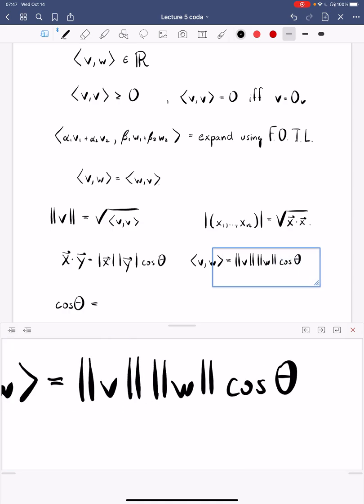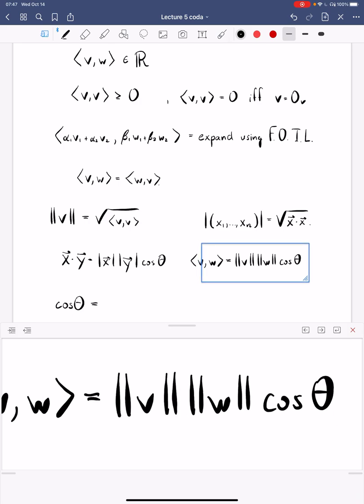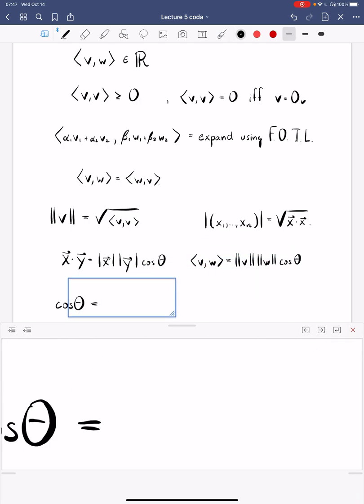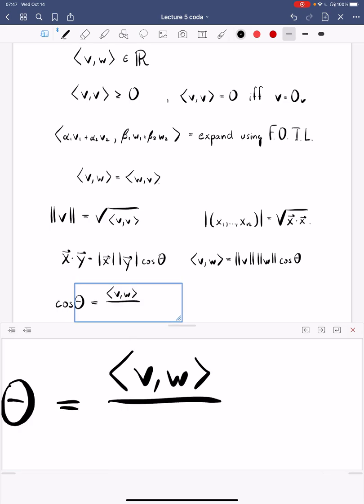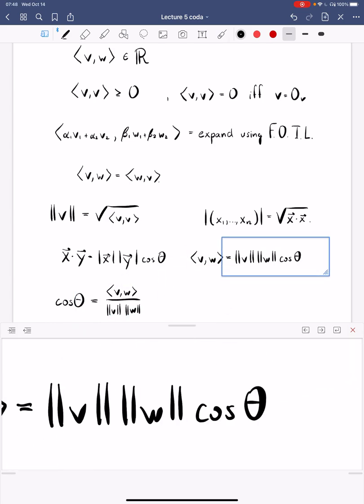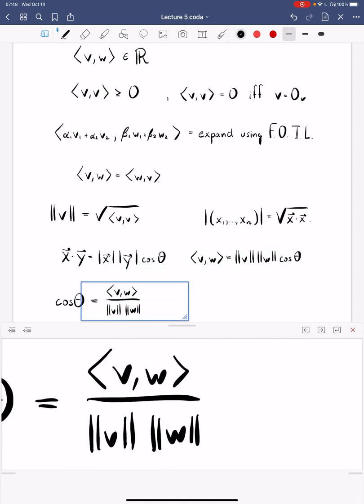We want this to be the definition of the angle between V and W, which would mean that cosine theta was the ratio of V dot W, or V scalar product W, over the norm of V, norm of W, okay? Let's say this is the angle between two non-zero vectors, so the denominator here is not equal to zero.